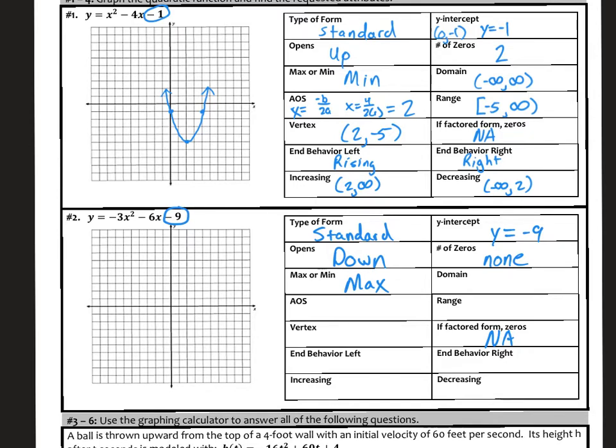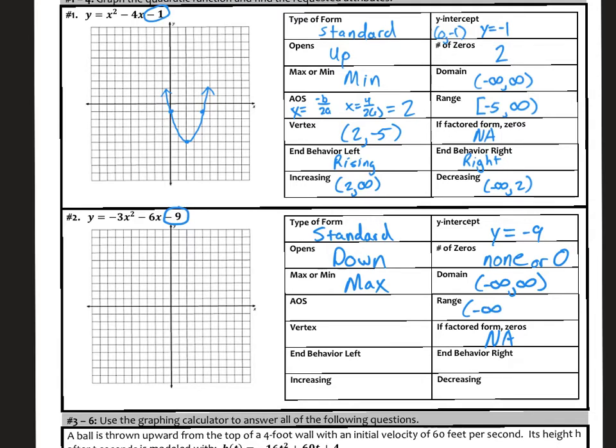We do want to put the number of zeros, either none, or just 0, which is the number of zeros also, okay? Domain never stops going left, never stops going right. The range, well, we don't have a low point. We start at negative infinity. That's as low as it goes, keeps going to infinity.